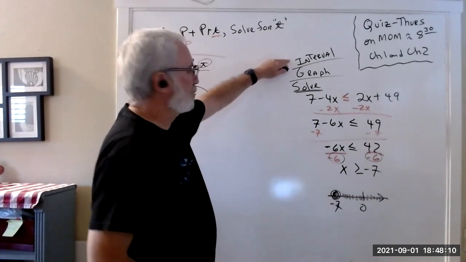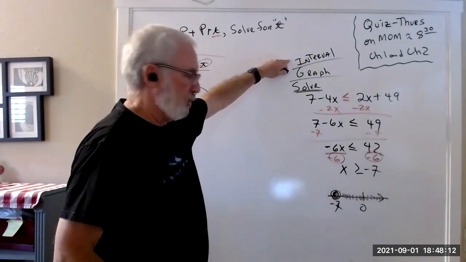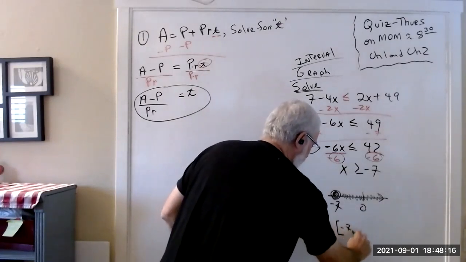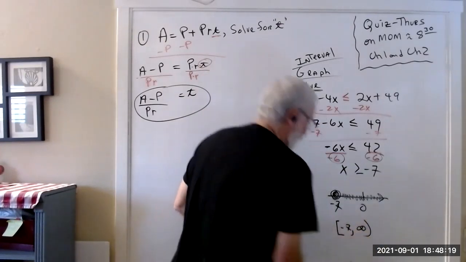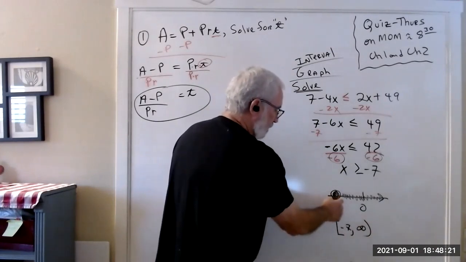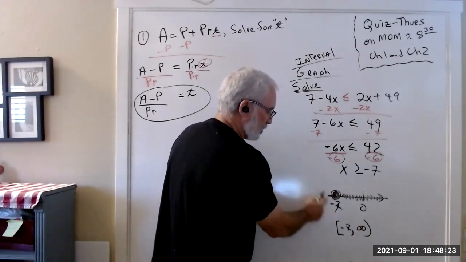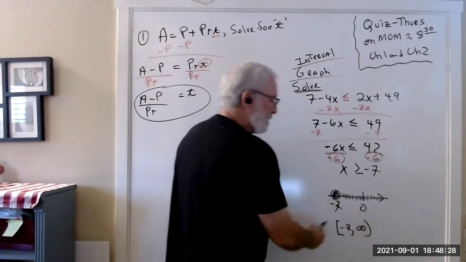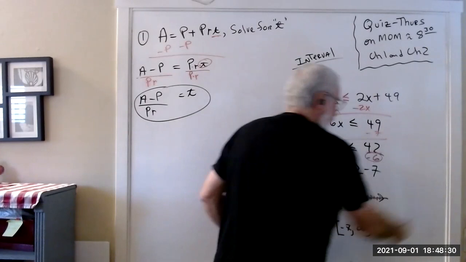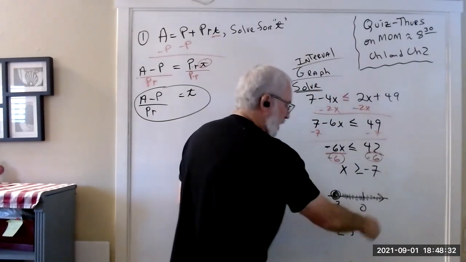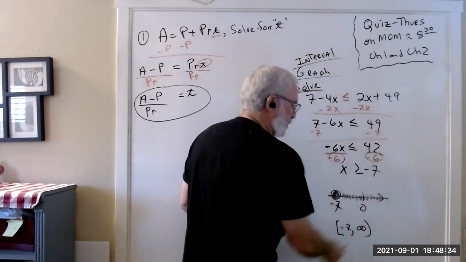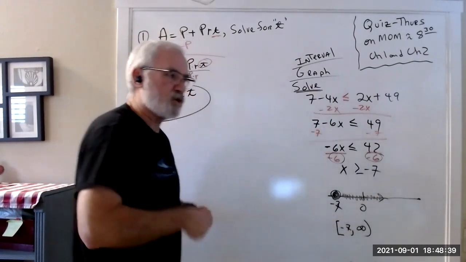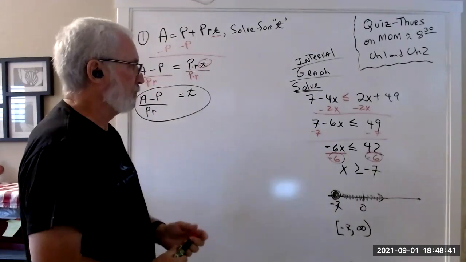But the instructions also said give it to me in interval notation. So that would be bracket, -7, comma, infinity, parenthesis. It's a bracket because that was a solid circle on the -7. And the parenthesis means you can't ever reach infinity. So anything you can't touch has a parenthesis next to it. You can go towards infinity, but you can never reach and touch infinity.